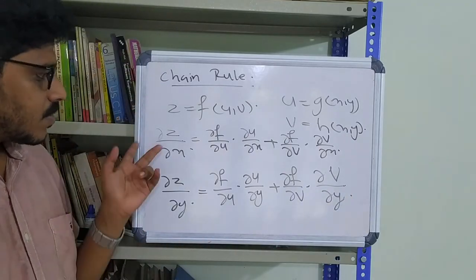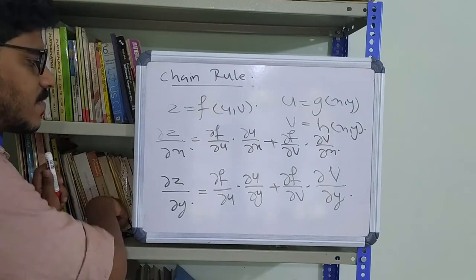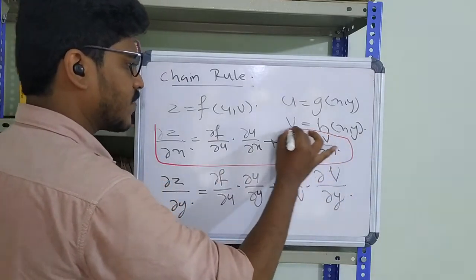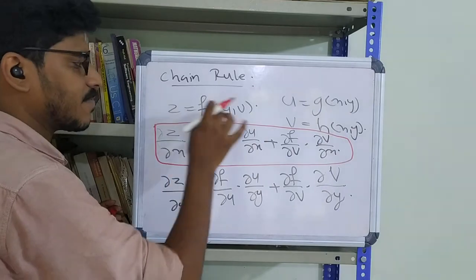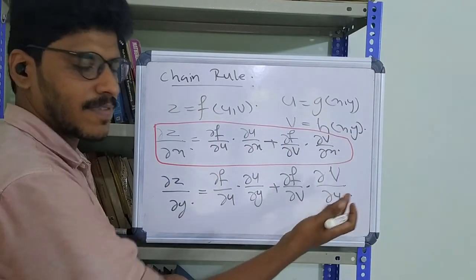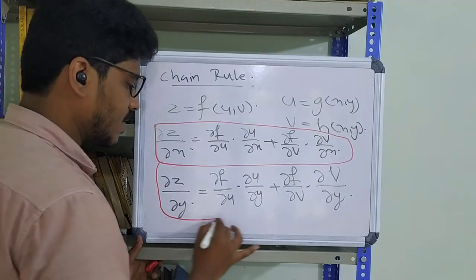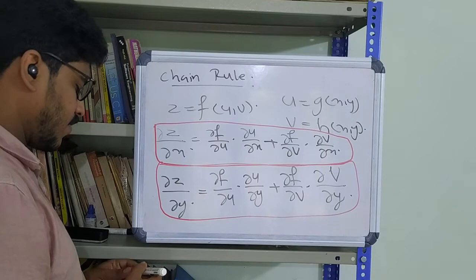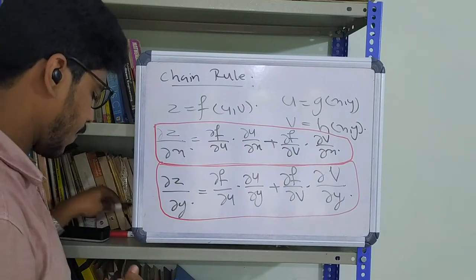Right. So this expression gives you the partial derivative with respect to x when we have z as a function of u and v, and u and v as functions of x and y, and this gives us the partial derivative with respect to y in the same case.